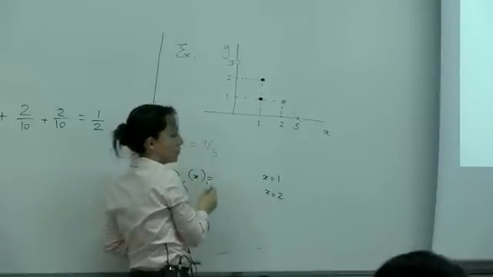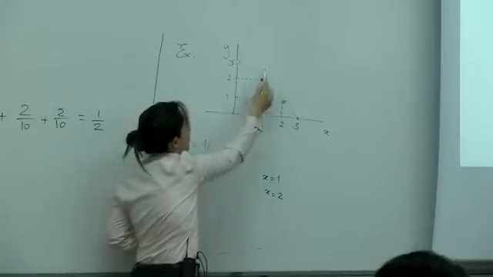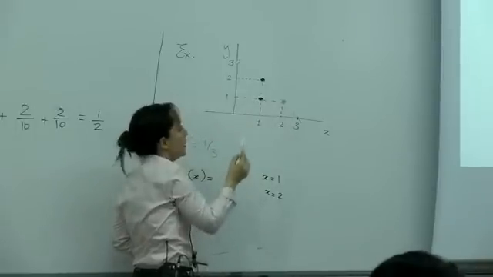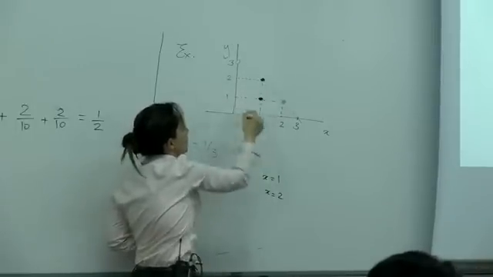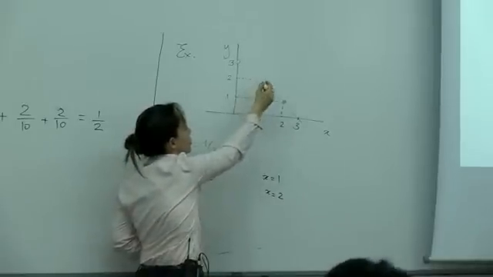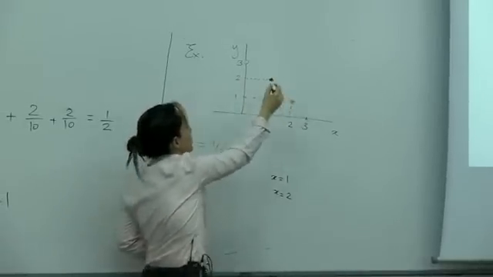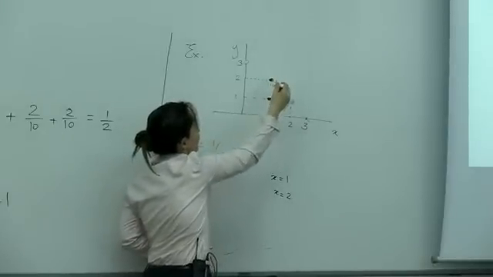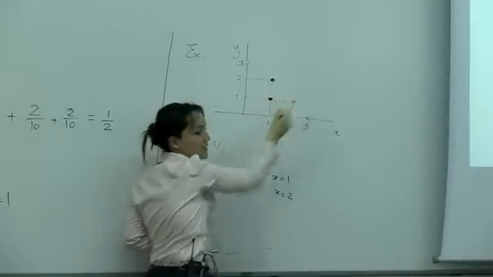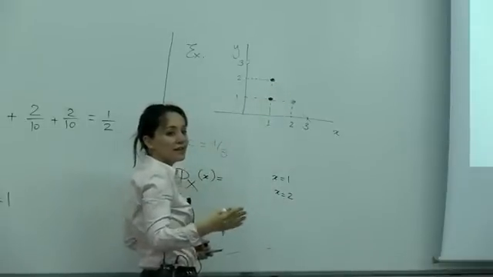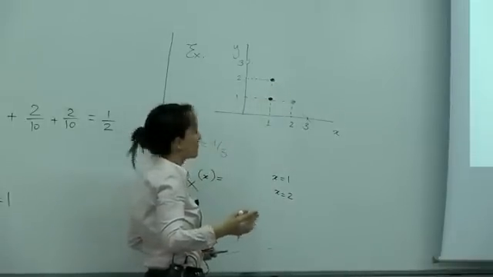So the probability that x is equal to 1 is the sum of these 2 probability masses. If you want, you can think of this picture as 3-dimensional with the 3rd dimension coming out of the board. So you can think of probability masses like this coming out of the board that are all at equal height.